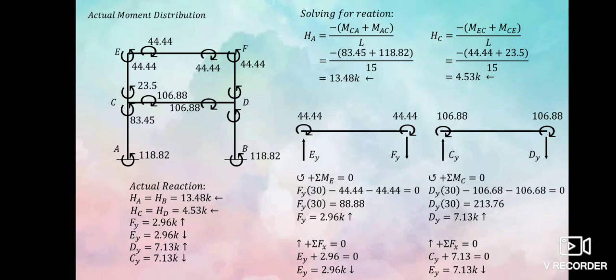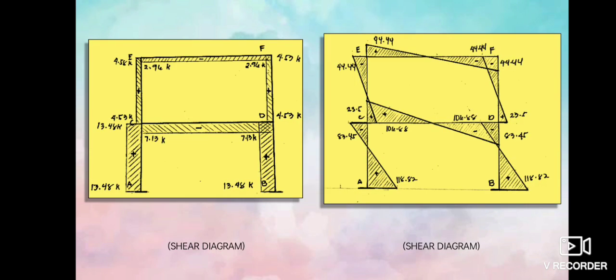And with all forces going up positive for the summation of forces equal to 0, Cy plus 7.13 equals 0. Therefore, your Cy is equal to 7.13k. Sorry, that should be Cy.